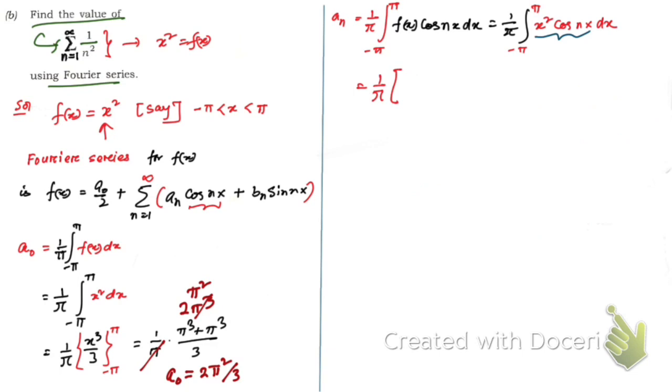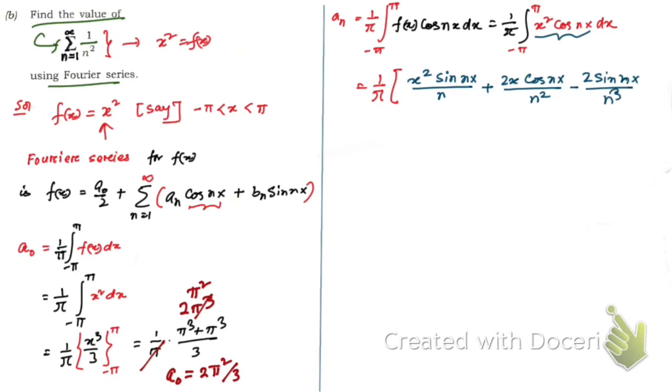so we have got x square after integration sin nx by n plus twice x cos nx by n square minus 2 sin nx by n cube.